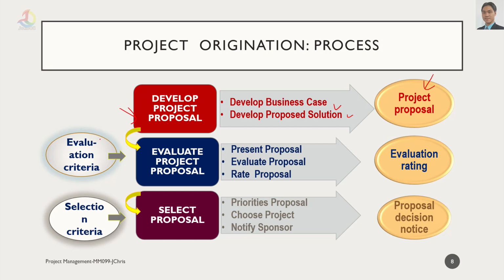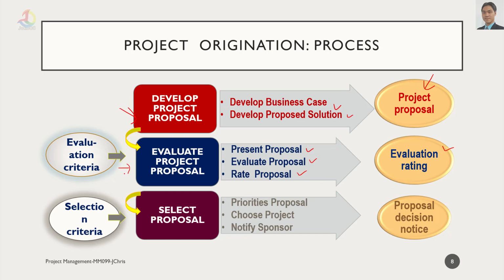And based on evaluation criteria, each organization will have its own evaluation criteria. They will evaluate the proposal. The process consists of proposal presentation, or sometimes we call it pitching, and then the proposal evaluation by the committee or a board, and they rate the proposal, which outputs the document of evaluation rating.